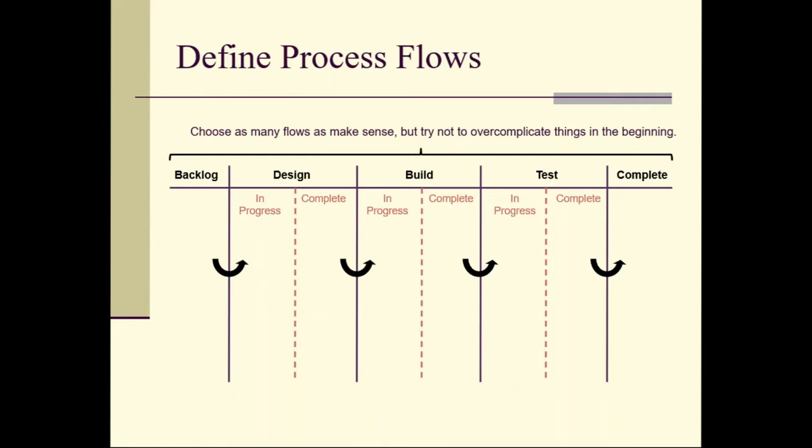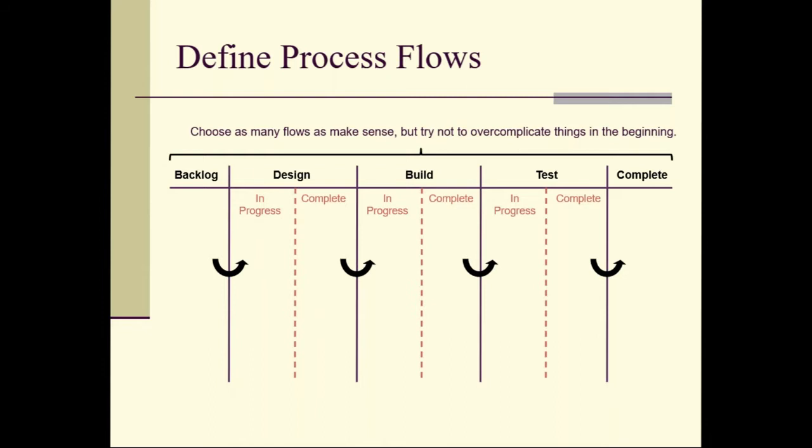Now, when something shows up in the design complete column, that's a signal to the builders that there's something they could be building. They take it from the design complete column, which is their input queue, and move it into the build in progress column and put their initials on it. Now we know it's being worked on actively. When build is complete, they move it into the build complete column, which is the input queue for the testers.